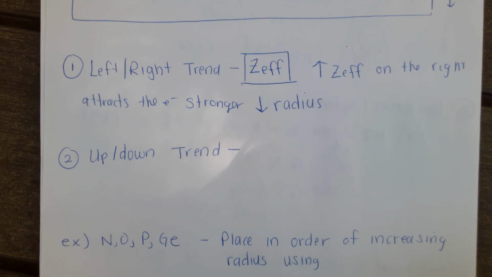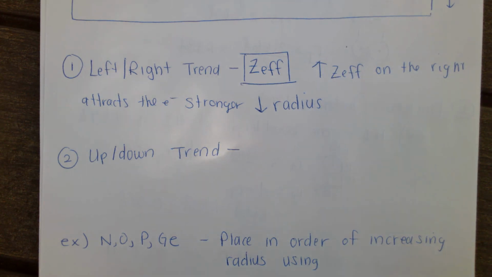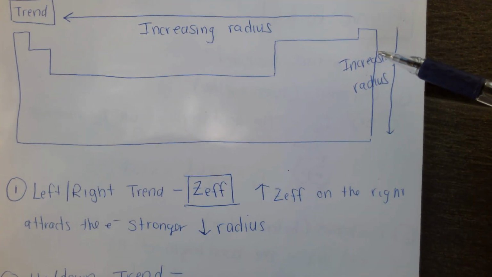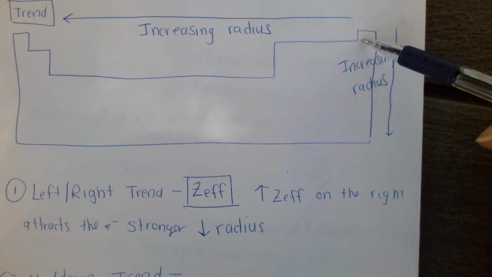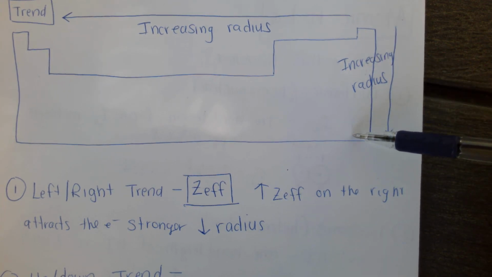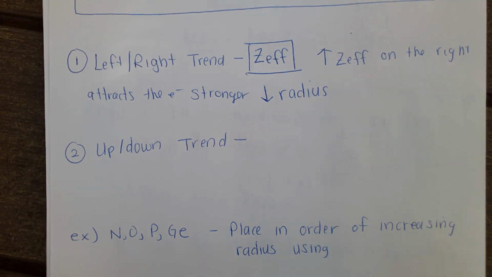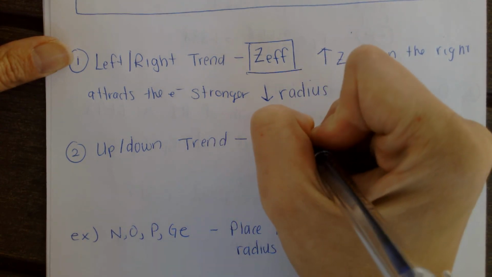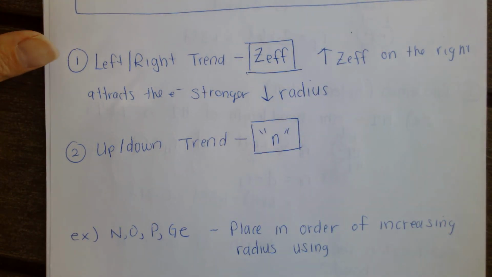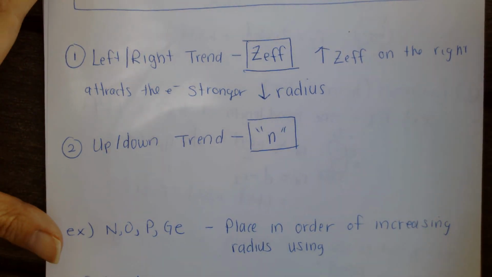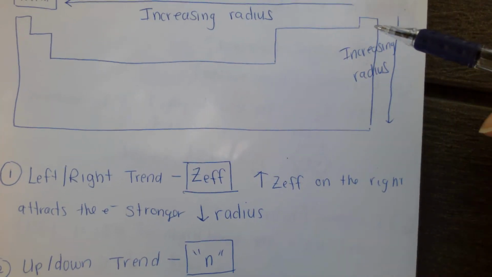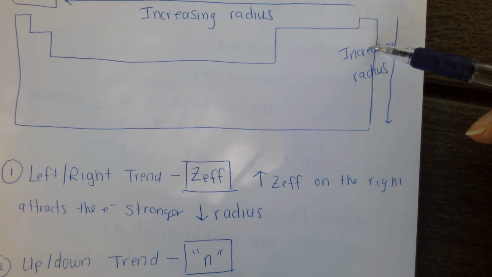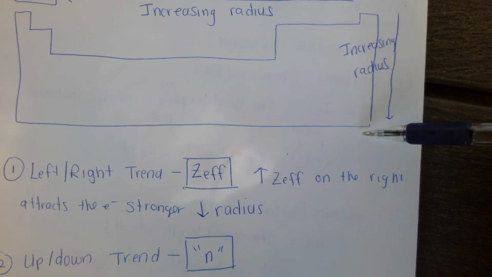Okay, so next was, how do we explain the up-down trend? How do you explain that this one has a much smaller radius than this down here? So this one we can explain with N. This one probably makes sense as you're moving down the periodic table. We're going from N equals 1, N equals 2, 3, 4, 5, 6, 7.